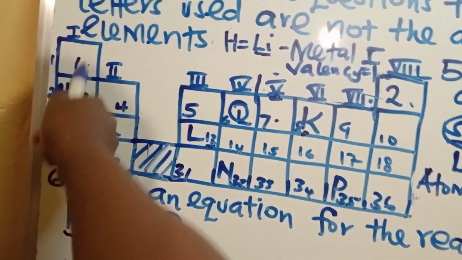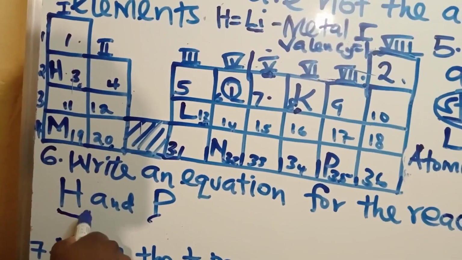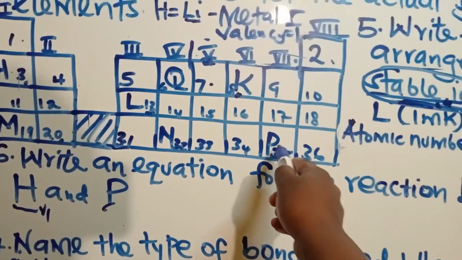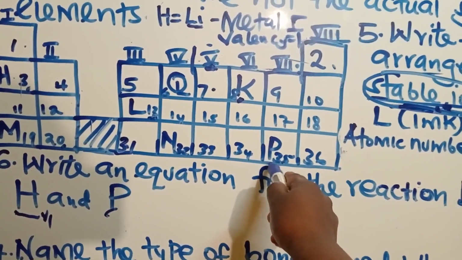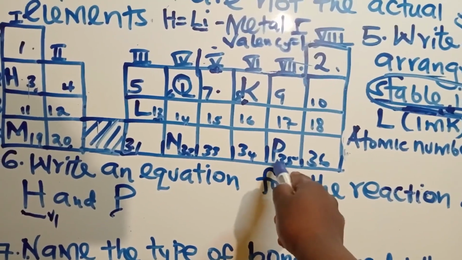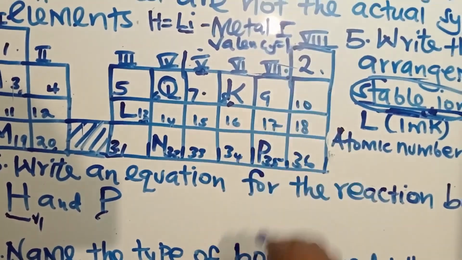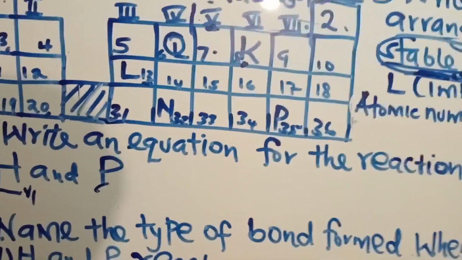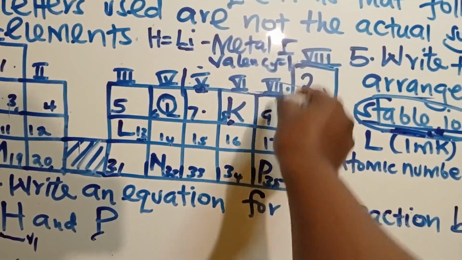So H, from the group that it is placed in, already has a valence of 1, meaning it is a metal. Then for P, even though we don't study P among the first 20 elements, you should not fear that P was not taught. You should be happy that it is already placed in group 7 and you can already predict the valence.